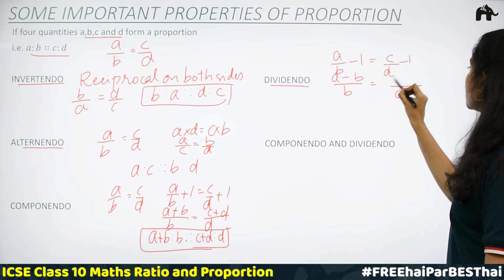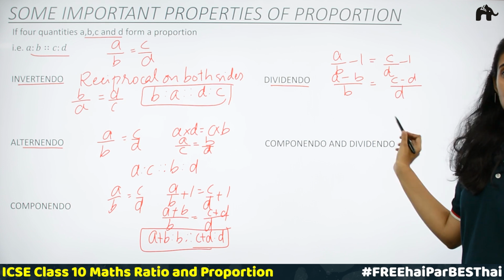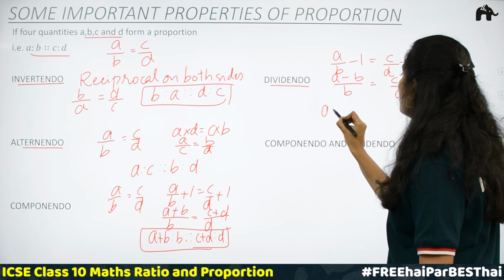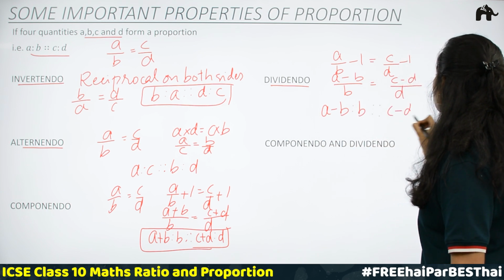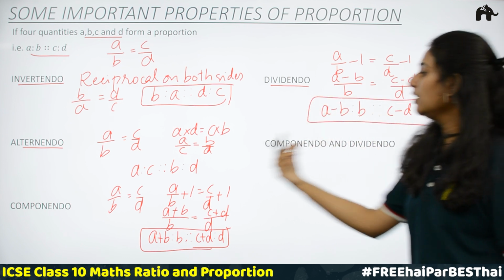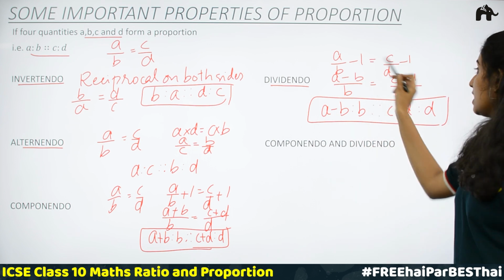Numerator will be C minus D. A minus B by B is equal to C minus D by D. This can be expressed as A minus B is to B as C minus D is to D. Here, for componendo property we added 1 and for dividendo property we subtracted 1.